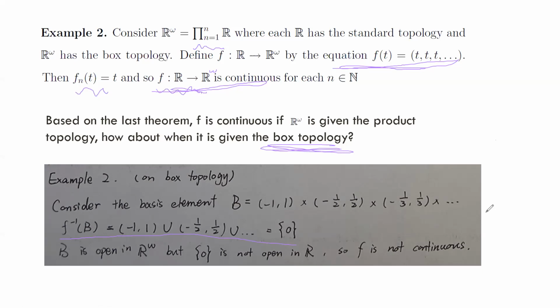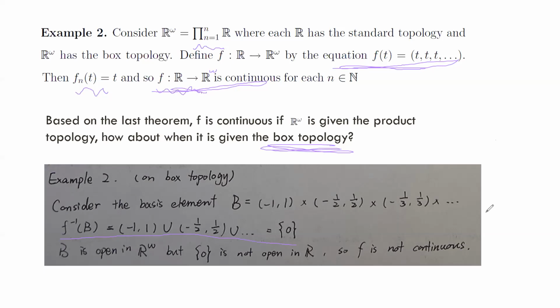You can see that this B, (-1, 1) cross (-1/2, 1/2) cross (-1/3, 1/3), and so on, is actually an open set in the box topology, right? Oh yeah.